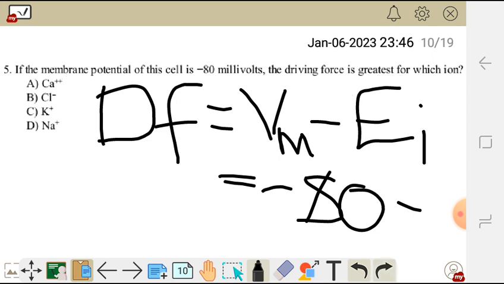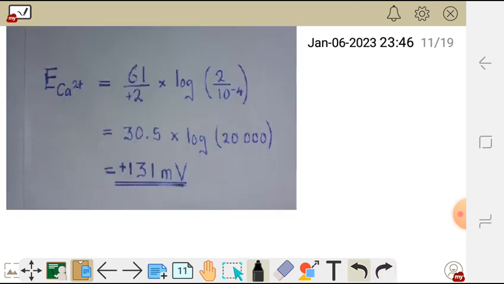So the one which has the greatest equilibrium potential here, the greatest driving force will be calcium, because if we calculate the equilibrium potential for calcium, we are going to get positive 131.